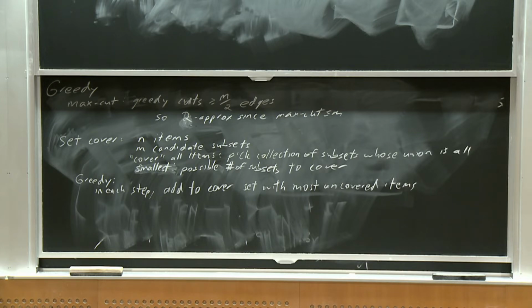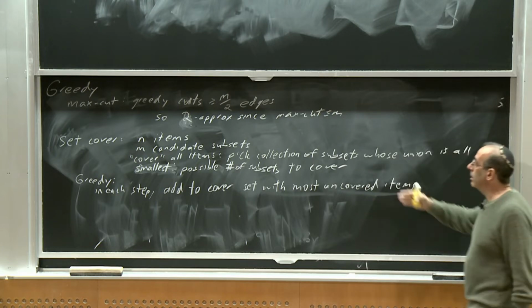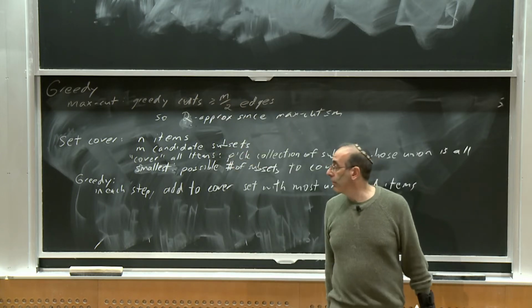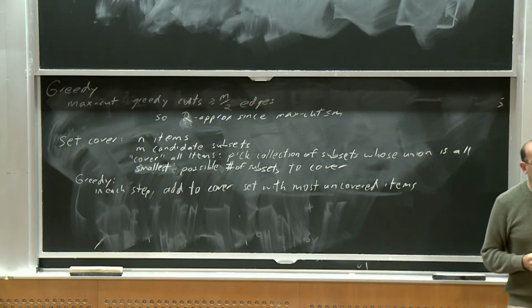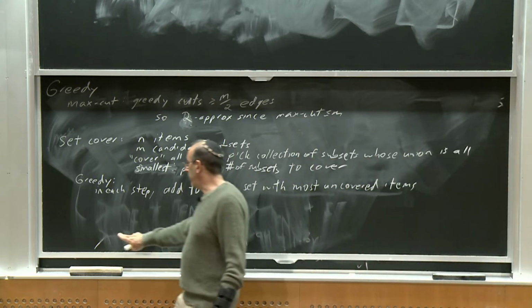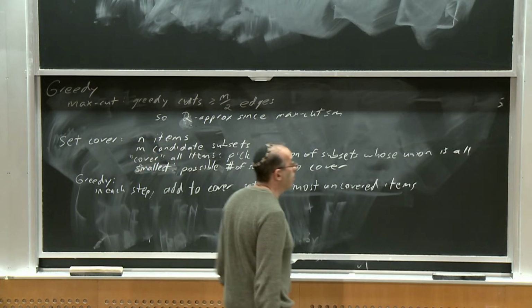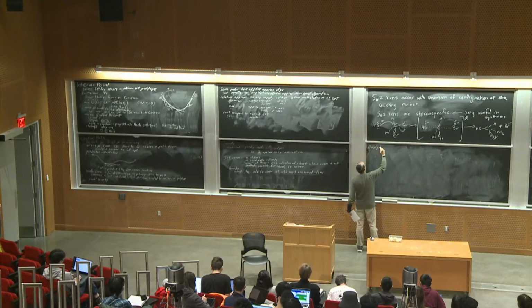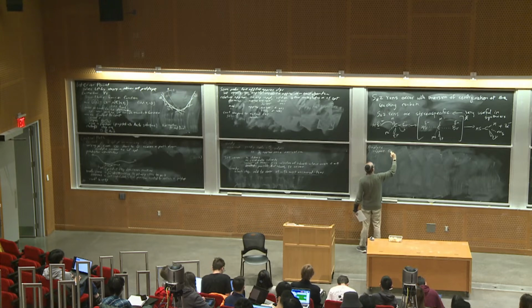Okay? So for max cut, we were able to analyze against a single, very obvious bound, the total number of edges. The question is, what sort of bound do we analyze against when we're doing set cover? In terms of the number of sets that we end up using, how can we compare that to optimum? So for that analysis, let's suppose that the optimum is some value k.